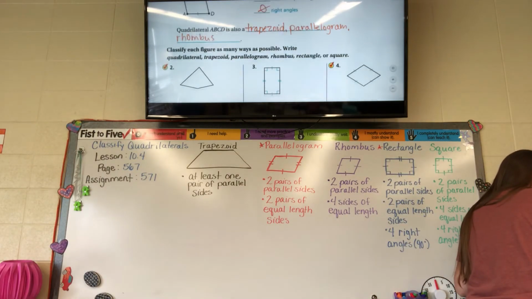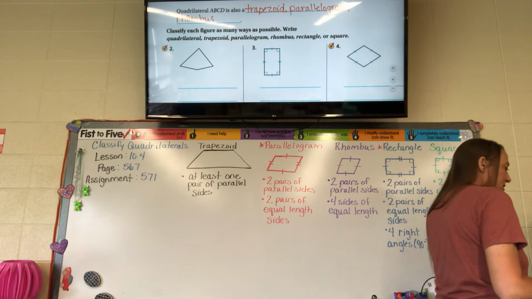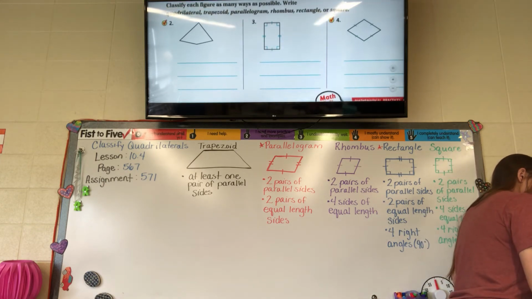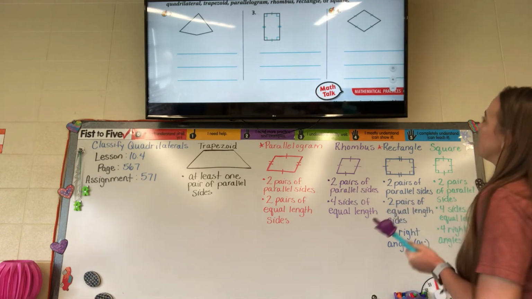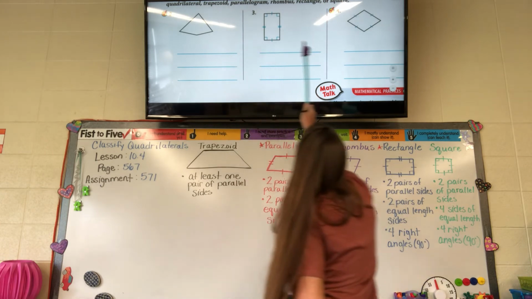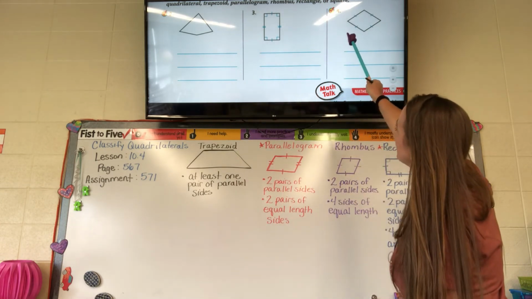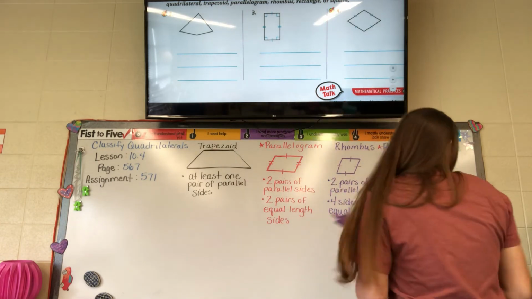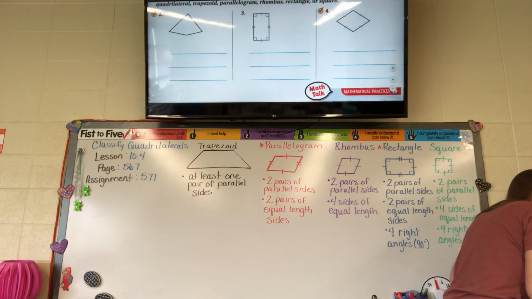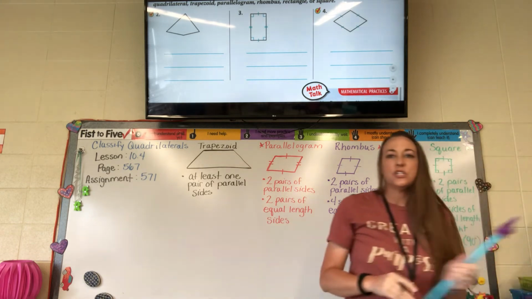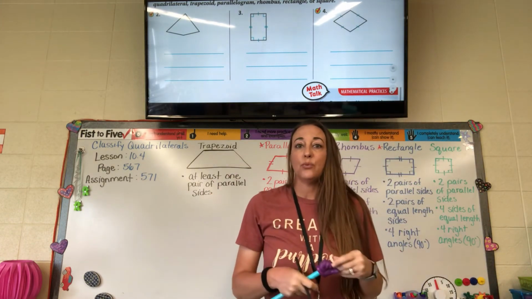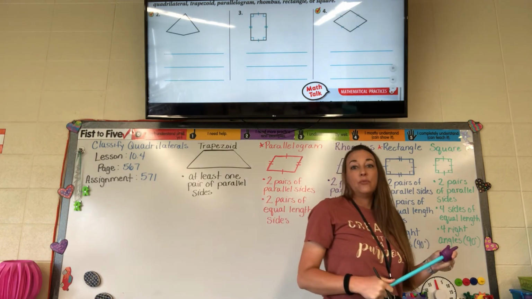Okay, classify each figure as many ways as possible. So we're kind of doing the same thing we've been doing. Okay, so we've got this guy. He has 0 right angles, so he can't be a rectangle or a square. He does have 4 sides. So I kind of like the way we were doing it before, where we looked at each different classification and then matched up whether that quadrilateral fit those.